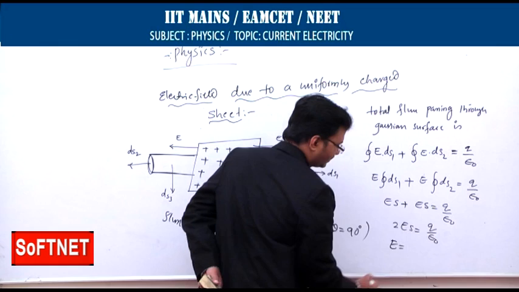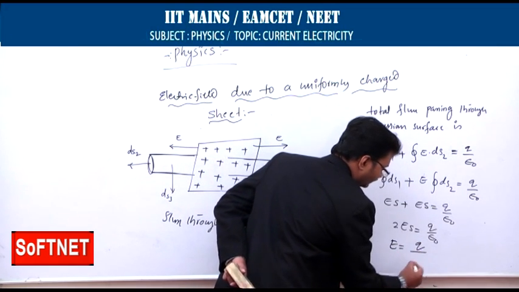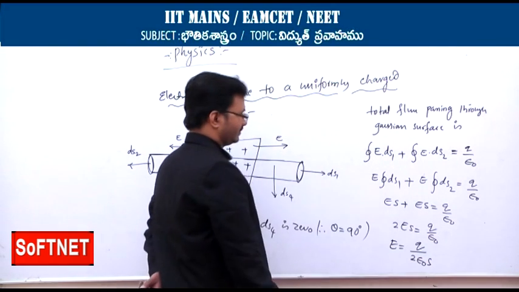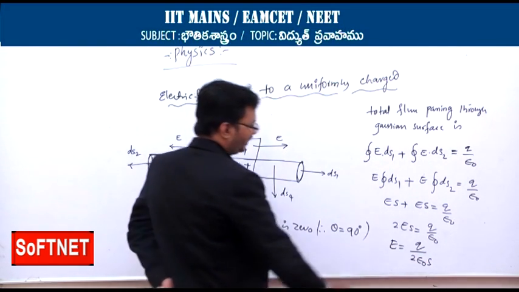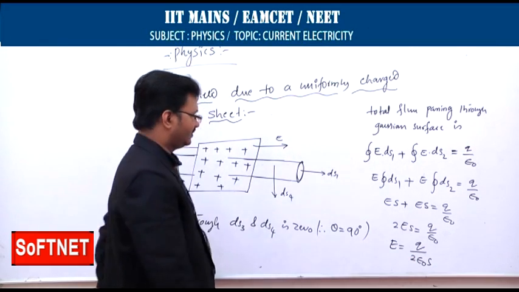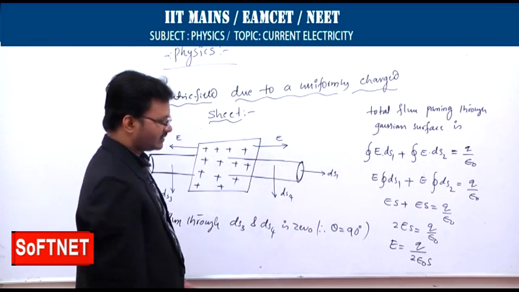Now E equals q by 2 epsilon naught into S. Here q by S is the surface charge density.